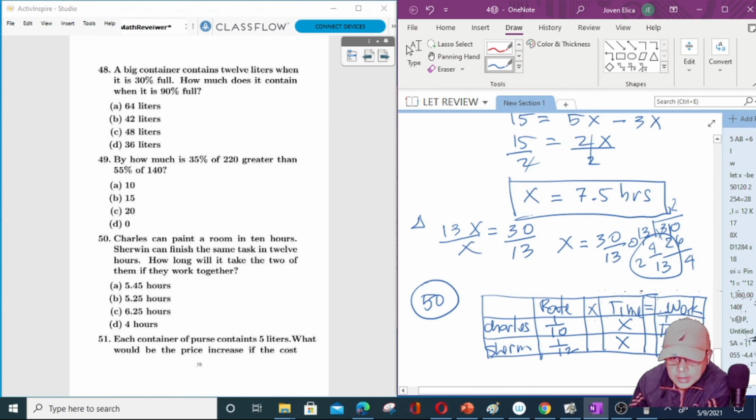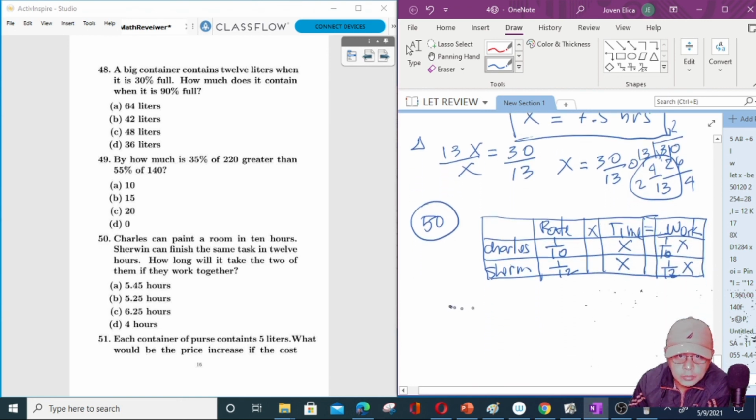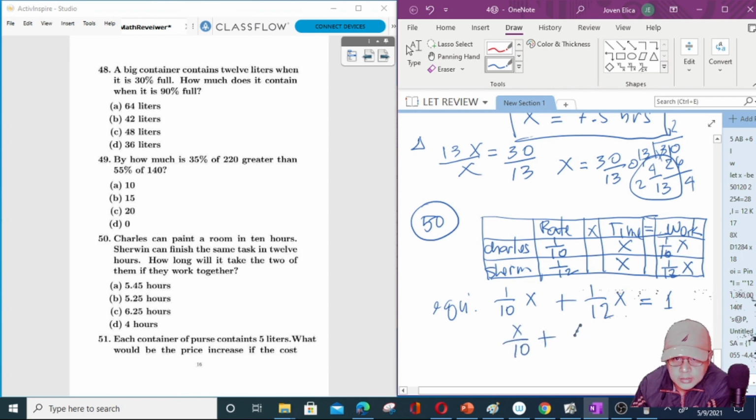Okay, from the table, we derive the equation. From the table, we just add their work: 1/10 x plus 1/12 x is equal to 1. So this is x/10 plus x/12 is equal to 1.